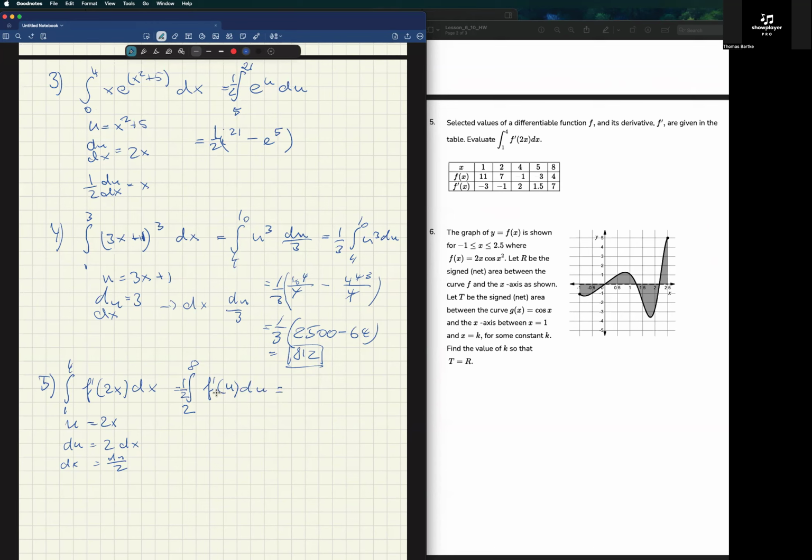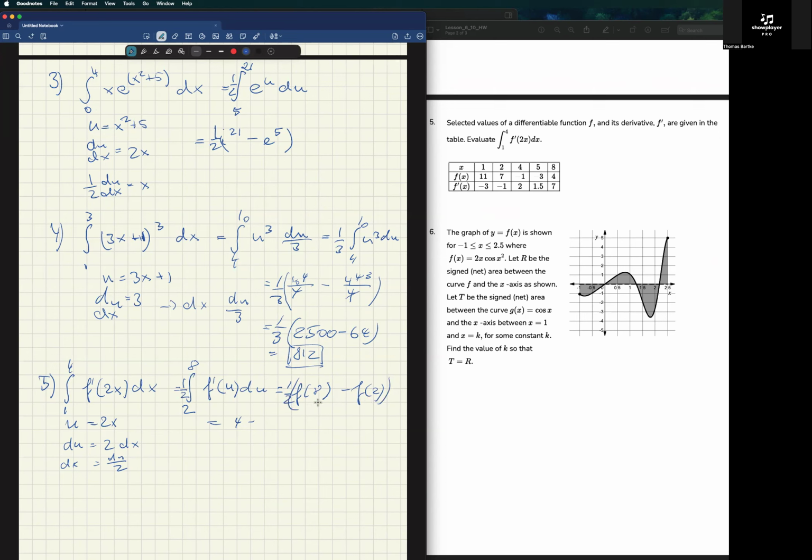Now, f prime, we only need to know that we're looking for f of 8. So this is f of 8 minus f of 2, and we're done. For this, we look it up in the table. f of 8 is 4. Oh, but be careful, do not forget this factor of 1/2.